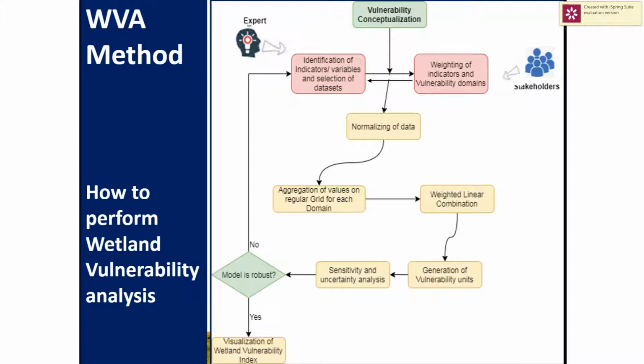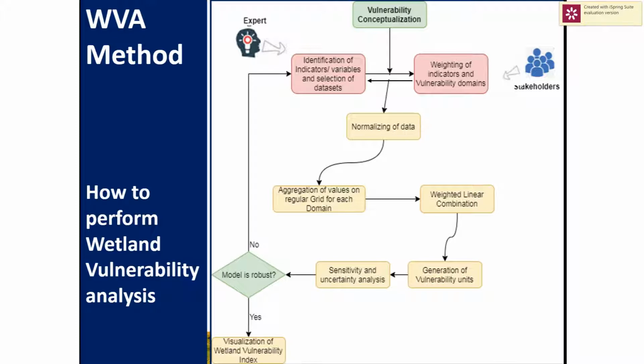So when they aggregate these datasets and generate the regular grids for each of them, they perform a linear weighted combination in order to merge these datasets together and generate vulnerability units.